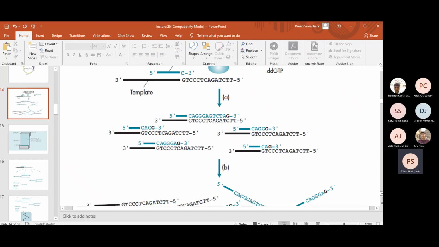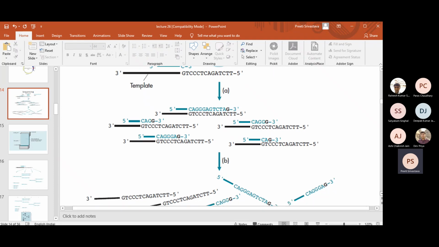Now what we do is we try to separate these fragments by electrophoresis. In this case, the conventional electrophoresis that I have taught you already is used, and these are small oligos. So tell me, which one should we use, agarose or polyacrylamide?